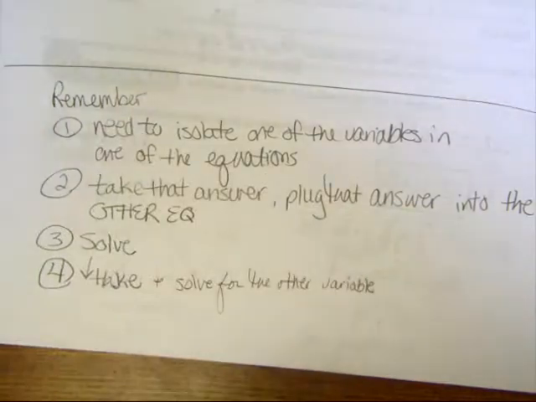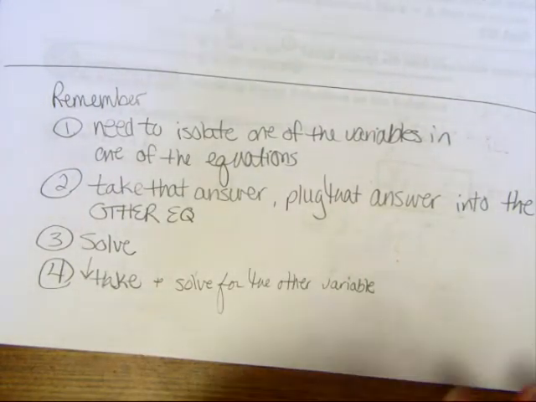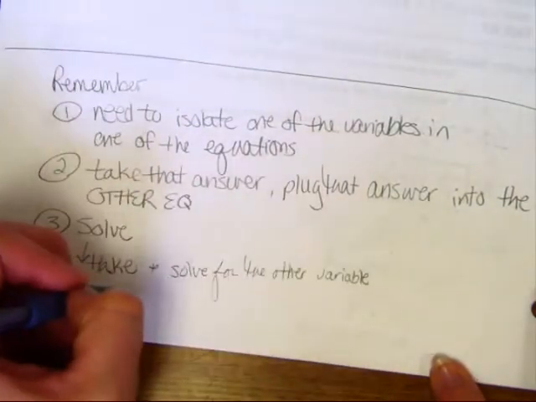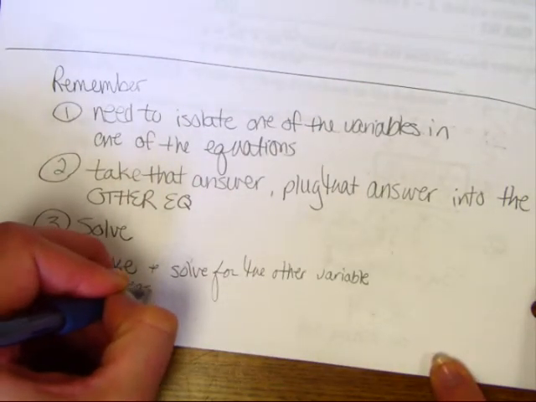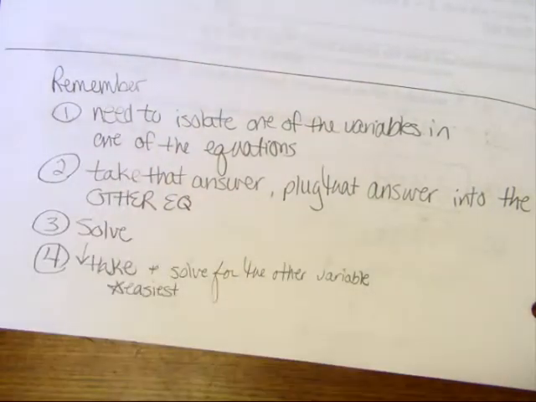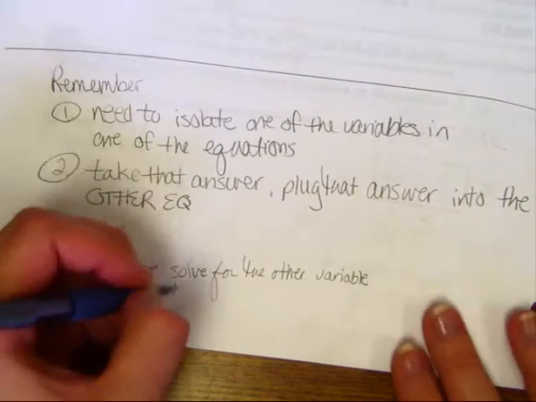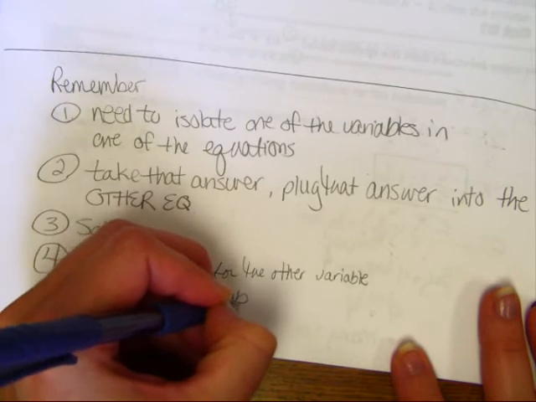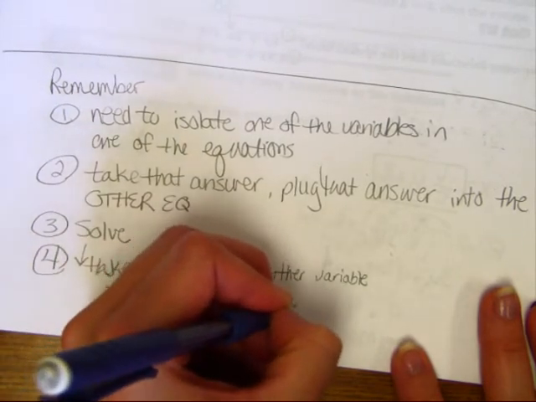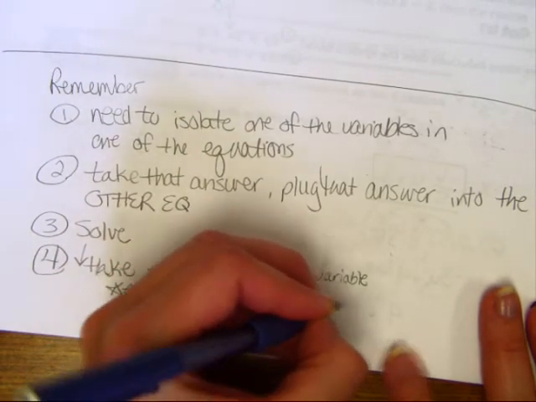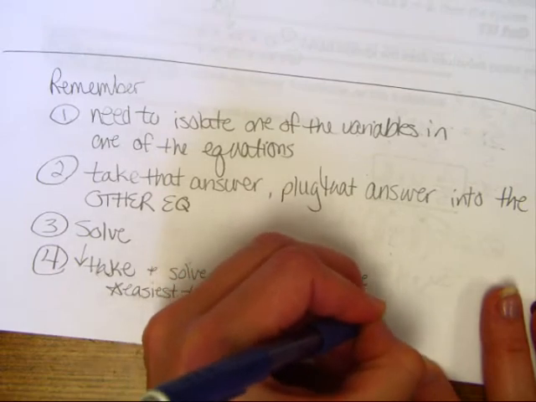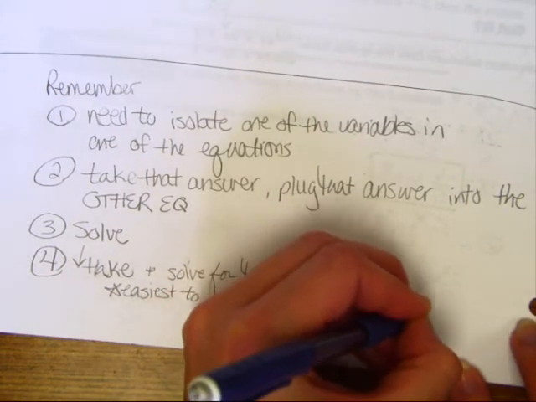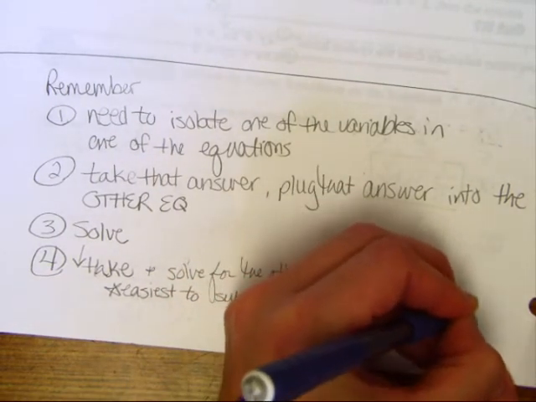At this step, when you take it and you solve for the other variable, you can use any equation you want, but I find it easiest to substitute back into the isolated variable equation.